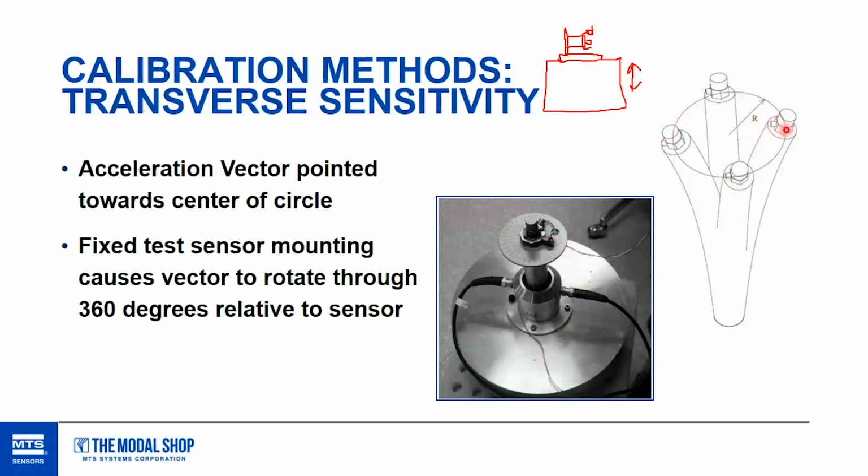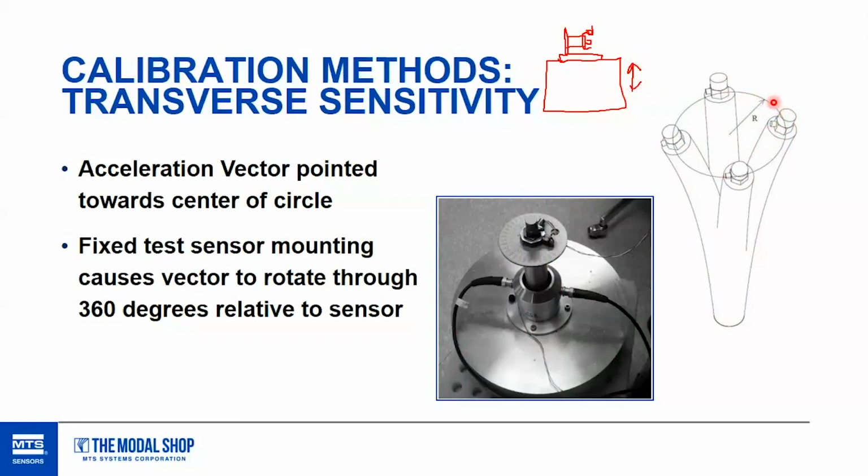And because the accelerometer is not rotating, it's in a fixed orientation with the cable there, the acceleration vector rotates around the accelerometer, around its external radius there. So it's equivalent to rotating that accelerometer in this static field, the shaker field that I pictured up here.